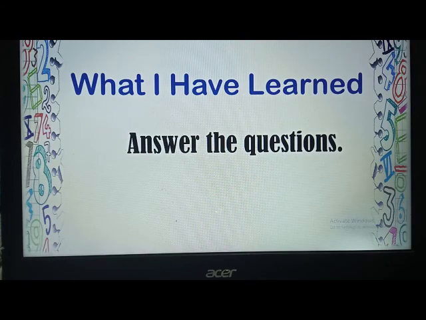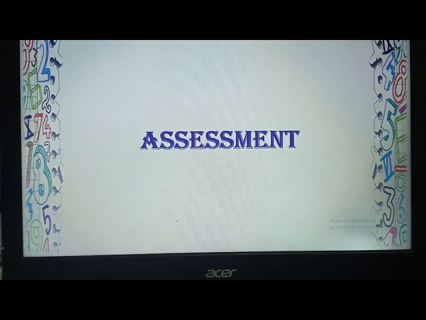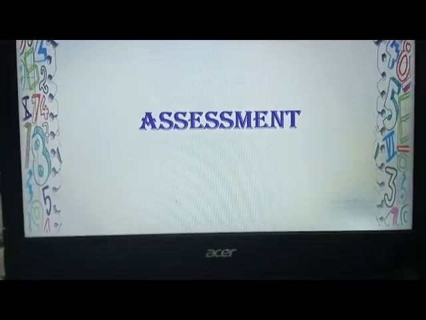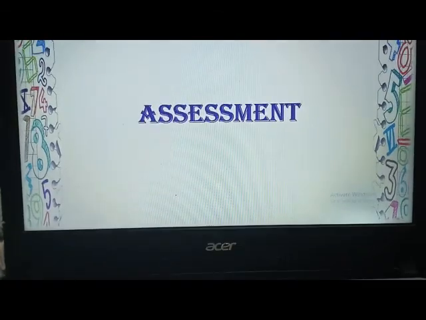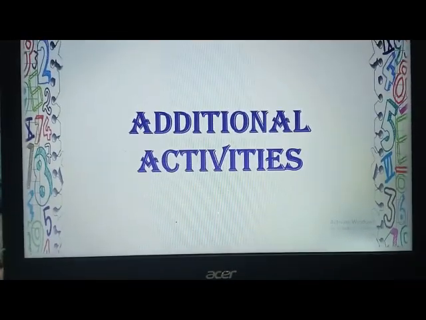For what I have learned, again, you have to answer the given questions. For what I can do, you need to solve the given problem. After that, you need to answer the 15-item post-assessment. And of course, don't forget to answer the additional activities. Good luck!